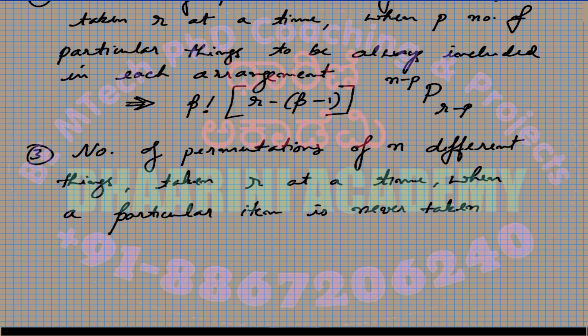One of the items is not going to be taken at all, it's never taken, that will be written as (n minus 1)Pr.